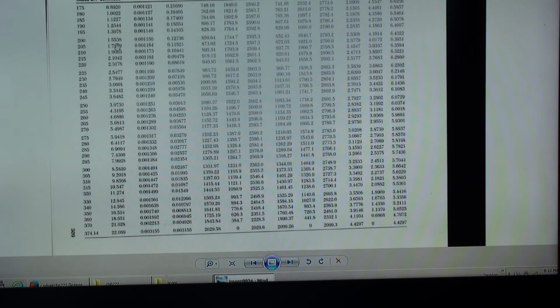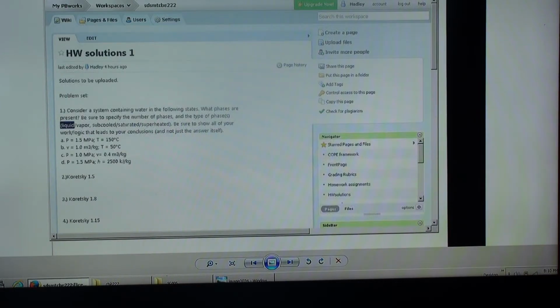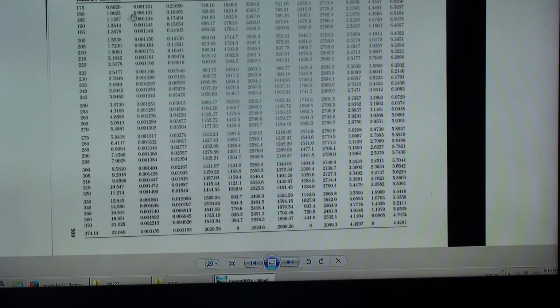So 1 megapascal puts me at about 179 degrees Celsius, something like that. But I'm not looking at temperature, I'm looking at the volume. This 1 is close enough, so really I'm just kind of averaging these two. I'm interpolating.